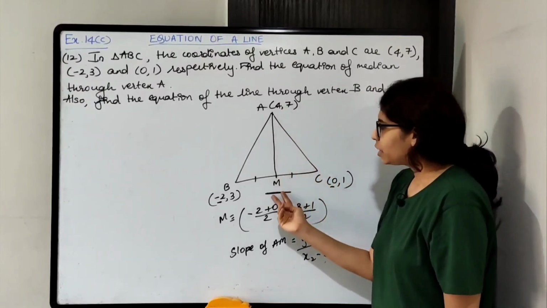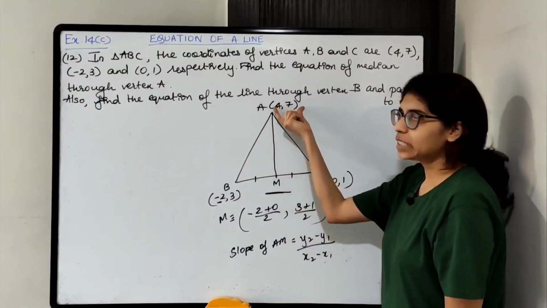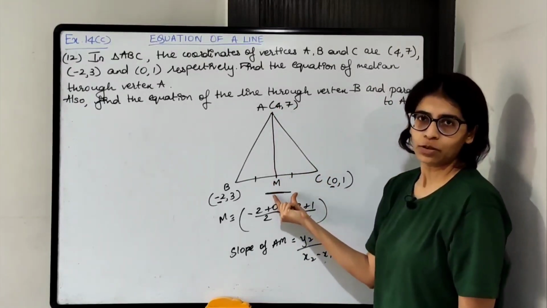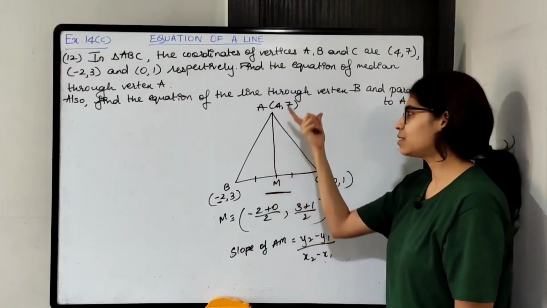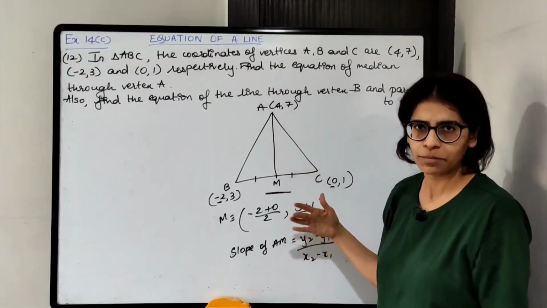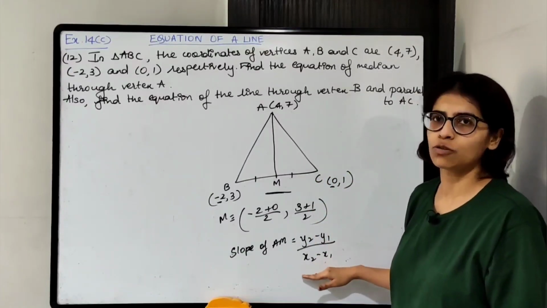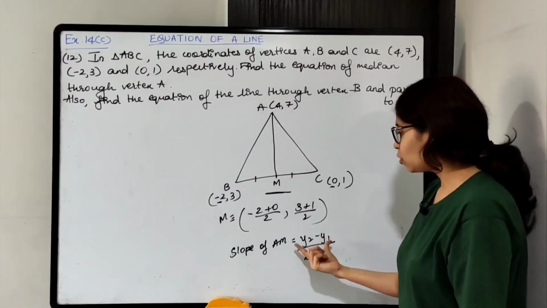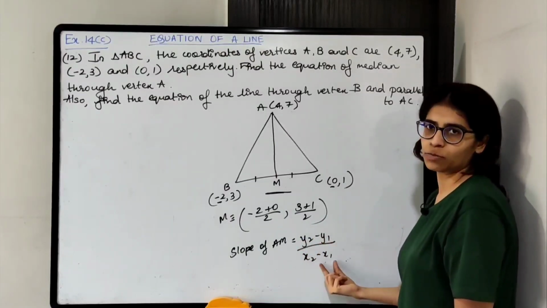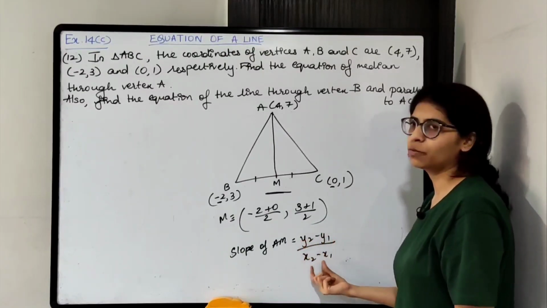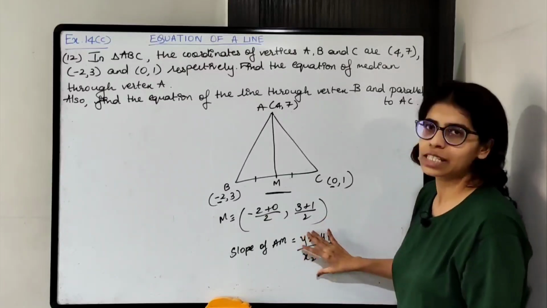So name the points. Okay. I'll take this as x1, y1 and this as x2, y2. You can take this as x1, y1 and this as x2, y2. It's up to you, okay? So according to that, you will substitute in the formula and find out the slope of the line. Again, यहाँ पे not necessary y2 minus y1 upon x2 minus x1. You can take y1 minus y2 upon x1 minus x2. Normally this is preferred, okay?